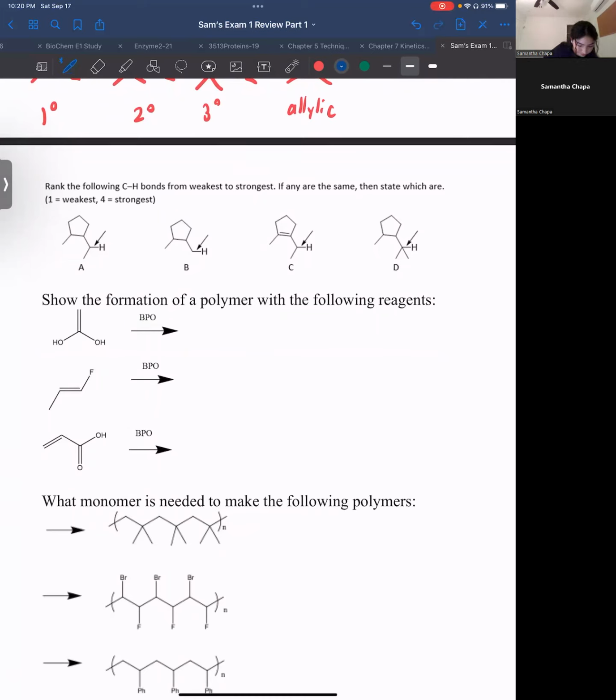This is a primary hydrogen, and this is stronger than secondary hydrogen, which is stronger than tertiary hydrogen, which is stronger than an allylic hydrogen.